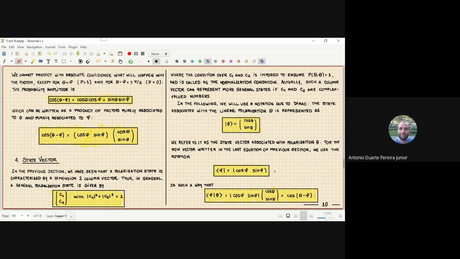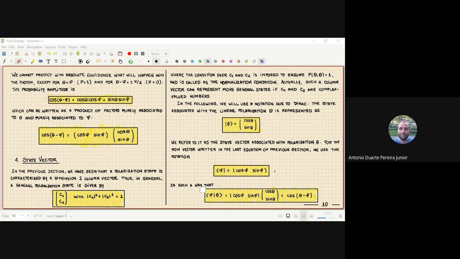So there is something in the chat. What happens if C1 and C2 are real valued numbers? Well, nothing special actually, because you see here they are real valued numbers. So cosine and sine are real valued numbers. So you can describe state vectors which are real valued numbers, and in this particular case, the scalar product commutes.